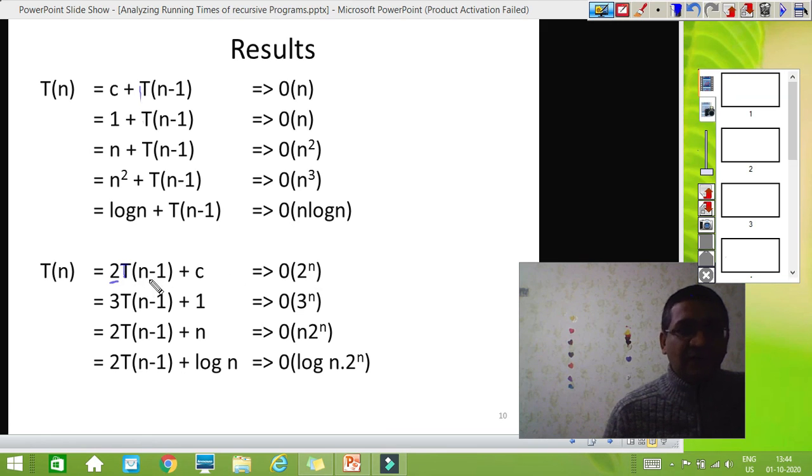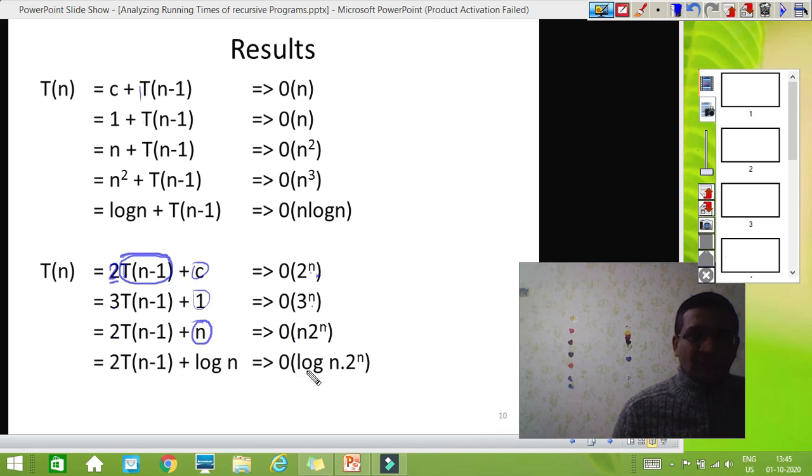You can take this factor raised to the power n, and this will be the base term. So 2 power n. If it is 3, this becomes 3 power n. With a constant, no other term is required, but if it is n, then you will get n into 2 power n. Similarly, here you can see log n into 2 power n.